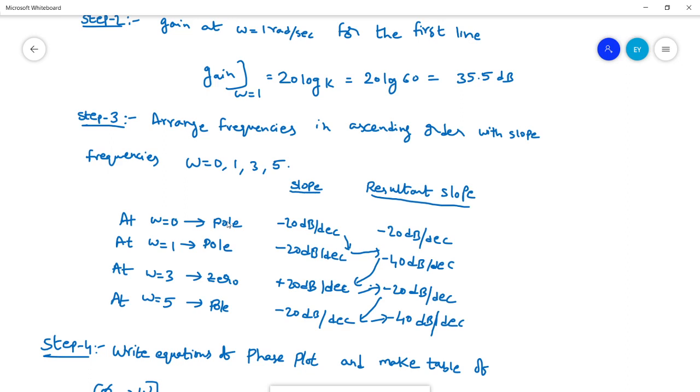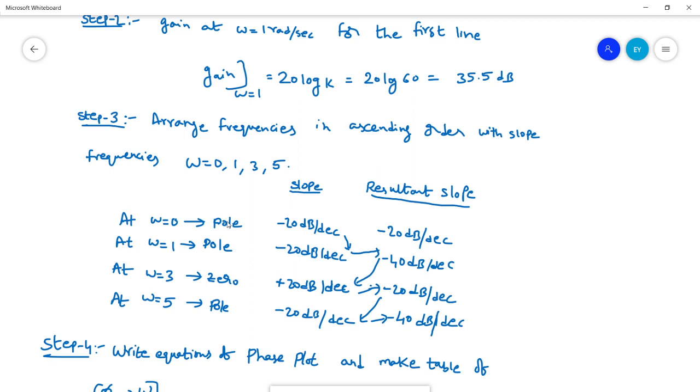So to compute the resultant, the initial slope is minus 20 dB per decade, so the resultant is minus 20 dB per decade. Then the next slope is coming from the pole, that is giving minus 20 dB per decade. So just add this 20 dB per decade to this, minus 20, you get minus 40. The resultant is minus 40 dB per decade.